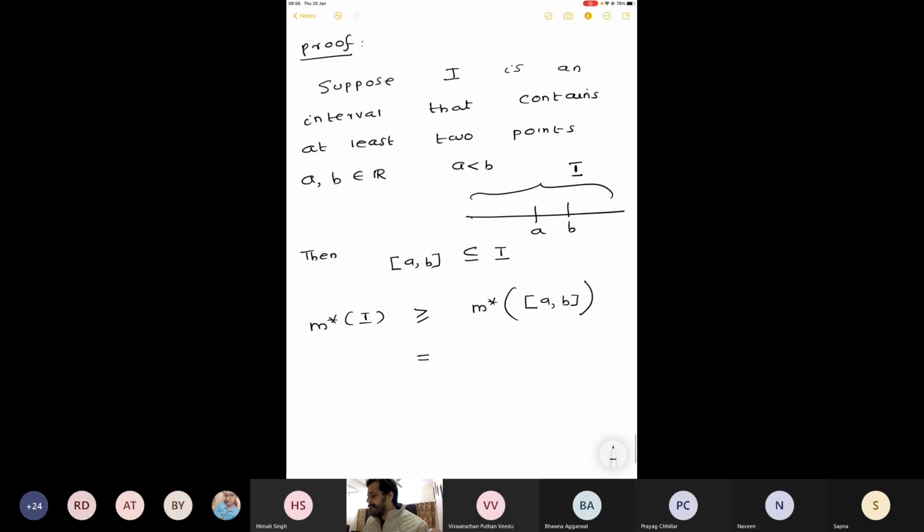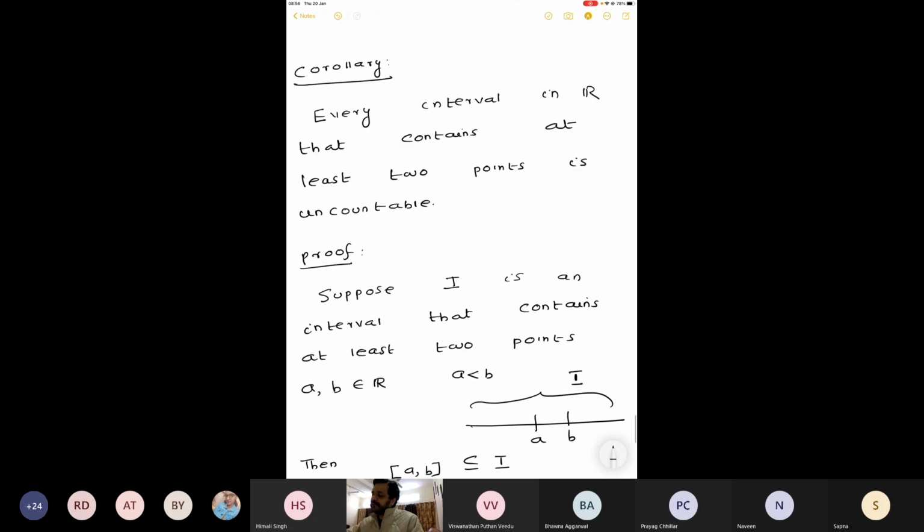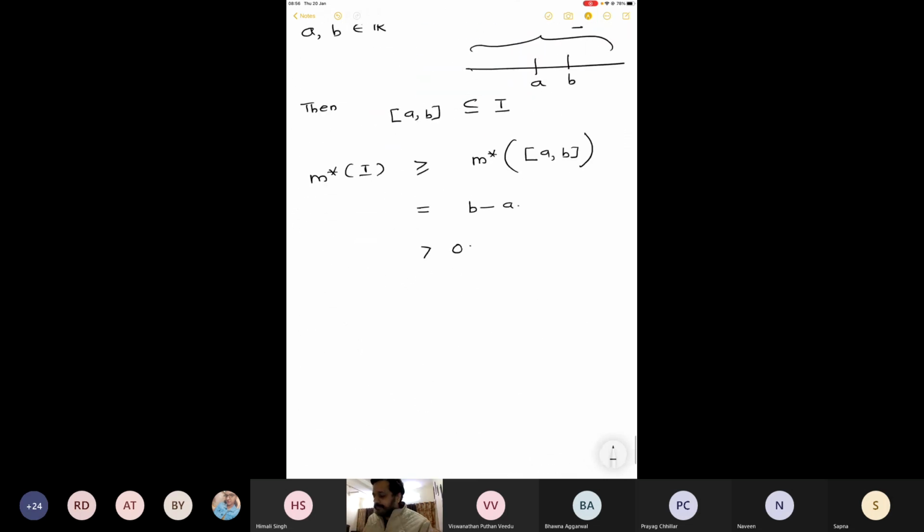But outer measure of AB is B minus A, and B minus A is greater than 0 because A is less than B. So you have outer measure of I is not 0, and that will give you that I is uncountable. Therefore, I is uncountable.